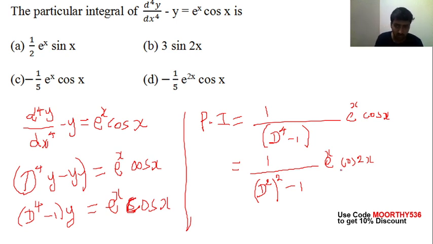We can use this formula, otherwise we can use D power 4 minus 1 instead of (D square minus 1) the whole square. There are two things available.